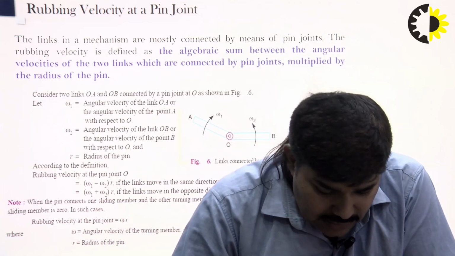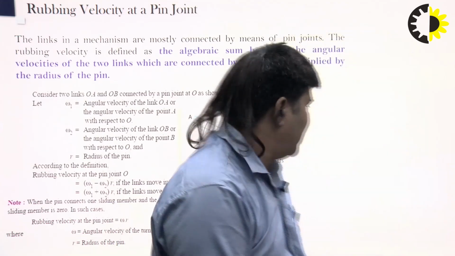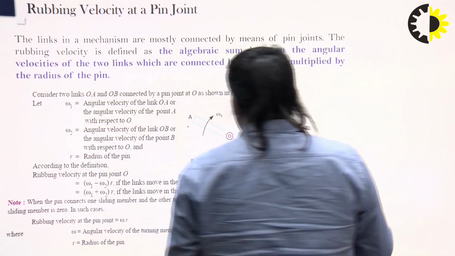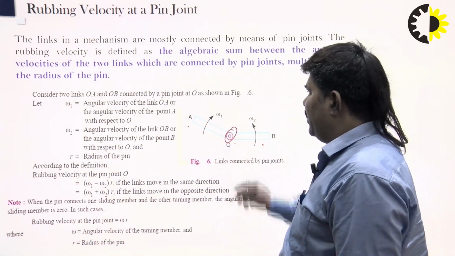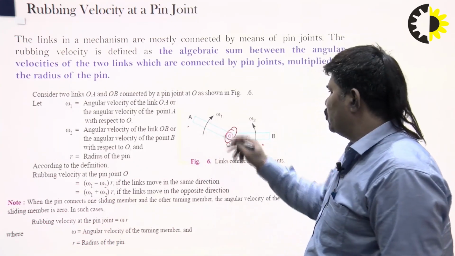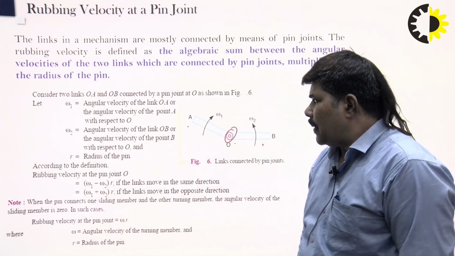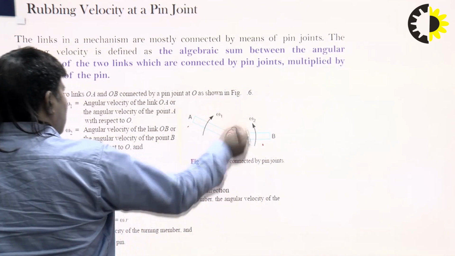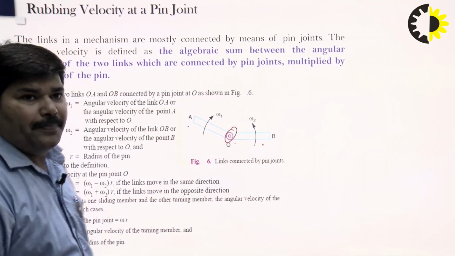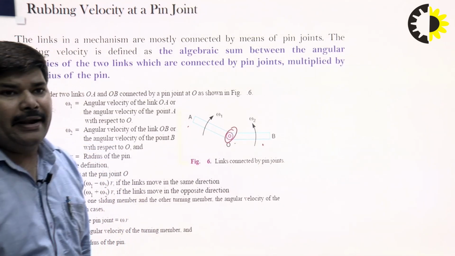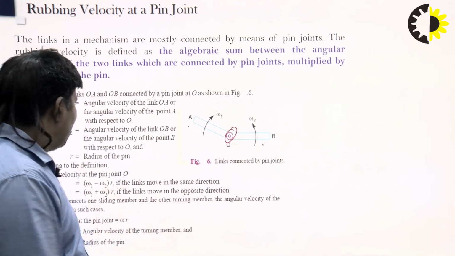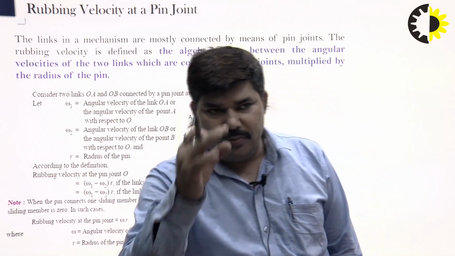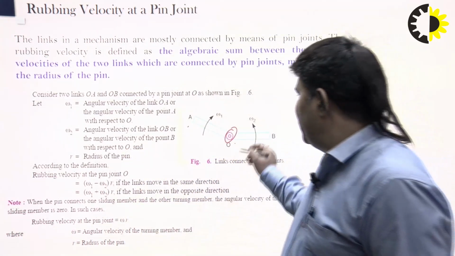So you can see that there are two links, link OB and link OA, joined at point O, right. The omega 1 is the angular velocity of link OA, and omega 2 is the angular velocity of link OB, that is the angular velocity of point B with respect to O, and R is the radius of this pin.